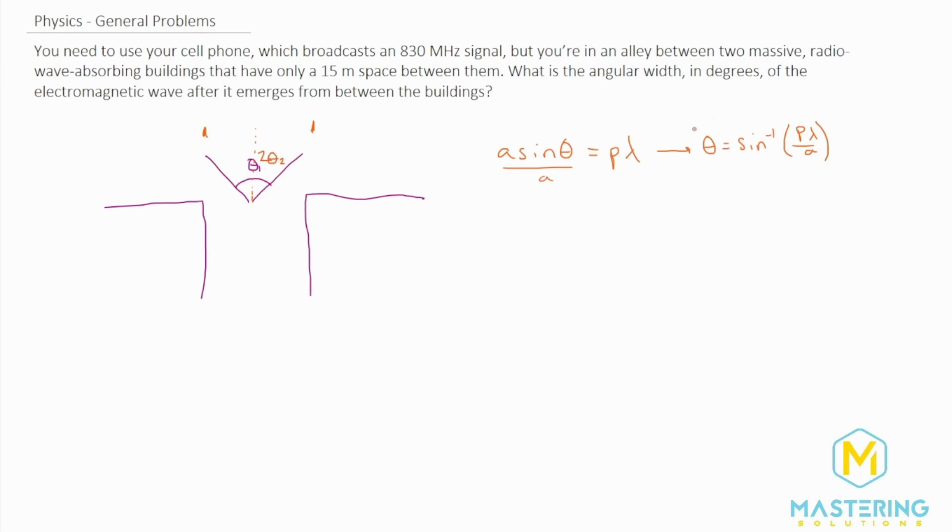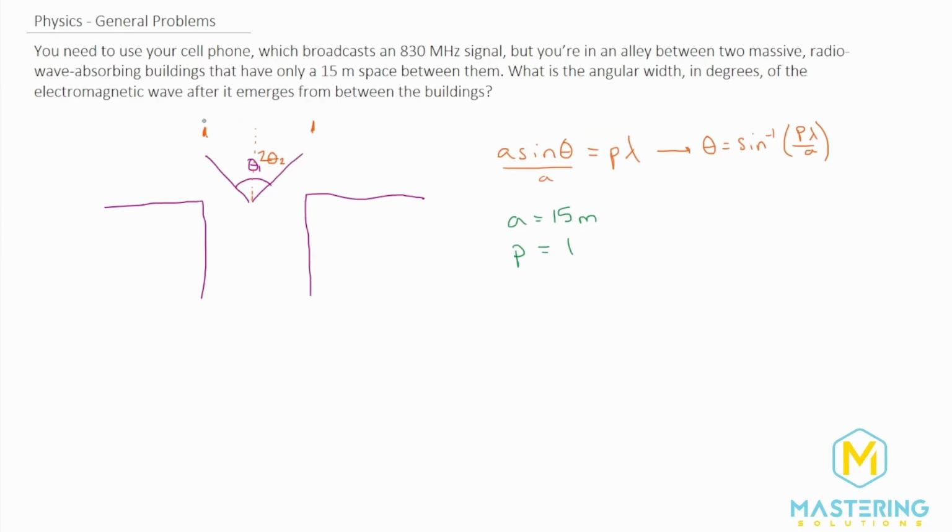So here's the final equation that we'll use to solve for the answer, but the problem is we don't know all of these here. A, in this case, of course, is going to be the width between the two buildings. That's the slit spacing, right? And so a will be 15 meters. For p, we're going to find the first order minima. That's because we want to find the width of the wave.